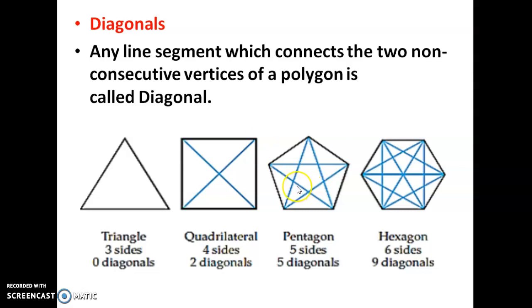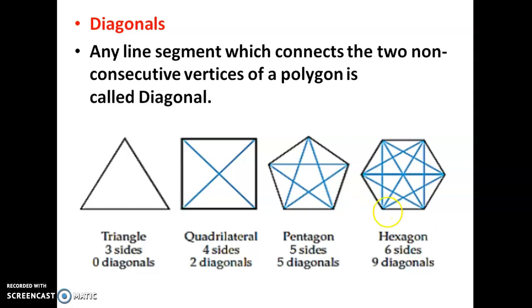Here in the pentagon also, these two are consecutive vertices. This and this are consecutive. This and this are consecutive. All others are non-consecutive. So that's why you can join from here to here, here to here. For this vertex, this and this are the non-consecutive vertices. So only those you can join and say it's a diagonal.